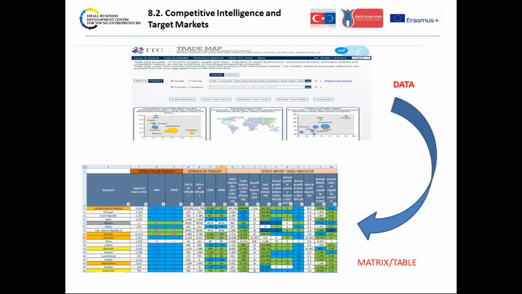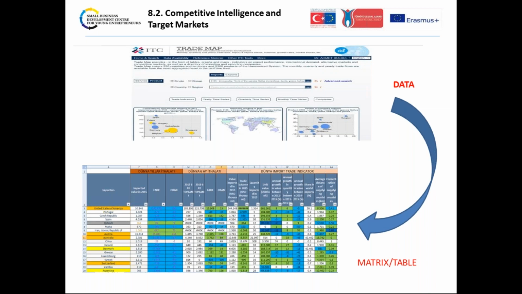This is the International Trade Centre's website, and all countries use this because every year all countries have to declare their foreign trade numbers, both in export and import. So these countries are declaring their numbers to the trade center. It is also a United Nations organization. So all countries are connected to each other on the system.